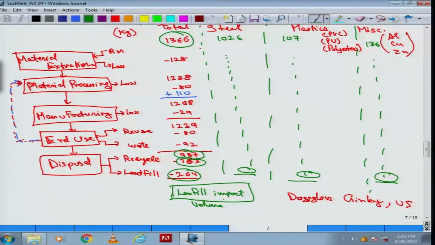This is one of the parameters here, and what is the embodied energy to produce this material, and at each stage this much loss is there. So, what is the energy associated with this one? So, this is one of the cases. For more details you can read this study by Douglas Gilley that is present online, right.